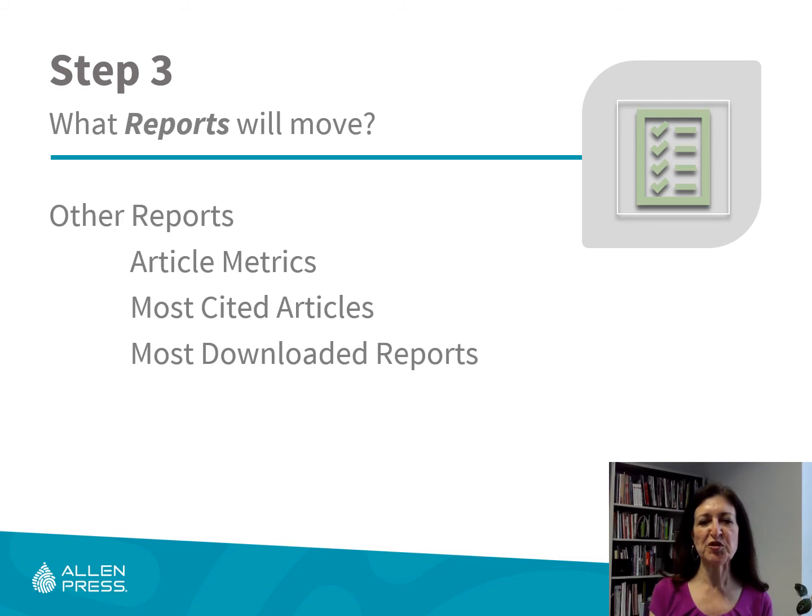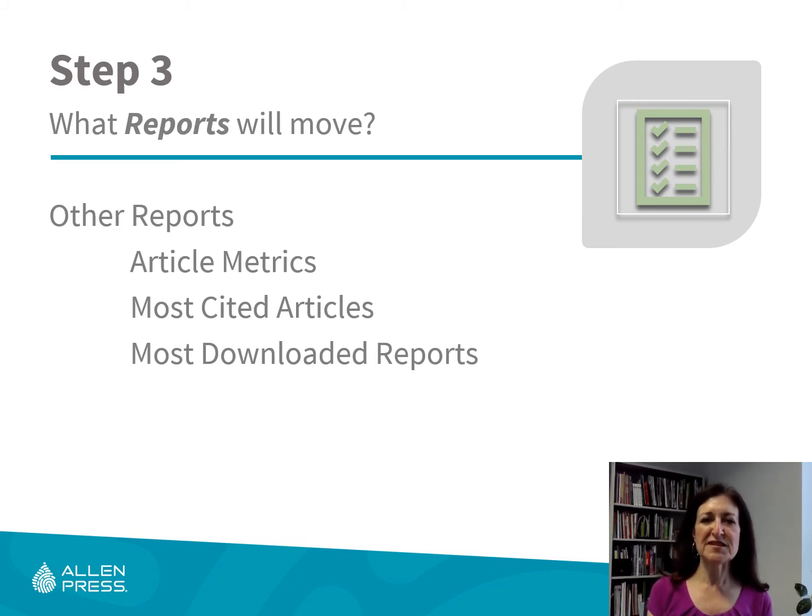Next, in step 3, you'll want to document what other reports you and your staff or editorial team frequently use. And just a couple of examples that we work with frequently would be article metrics, most cited articles, or just simply understanding what reports your subscribing institutions use most frequently.